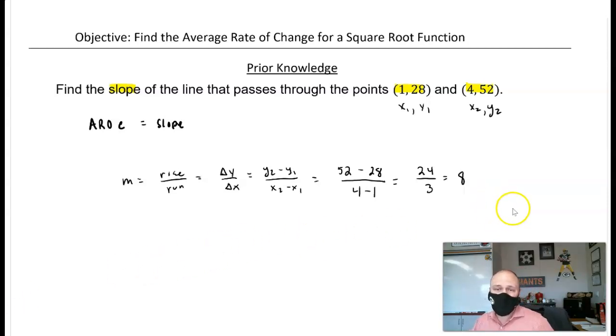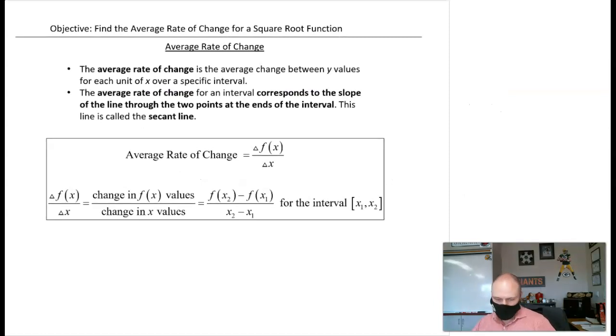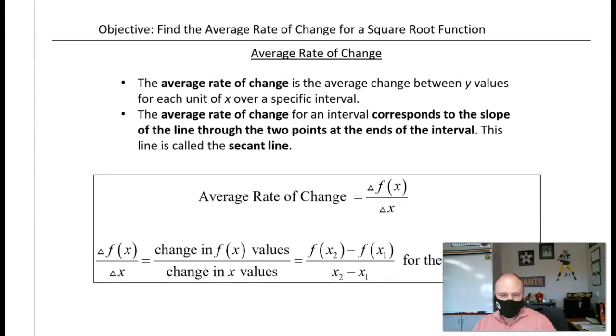Okay, so we're going to go ahead and apply this knowledge directly to square root functions, and we'll look at a couple of different forms of a function. So average rate of change.